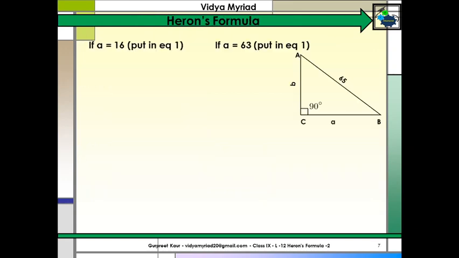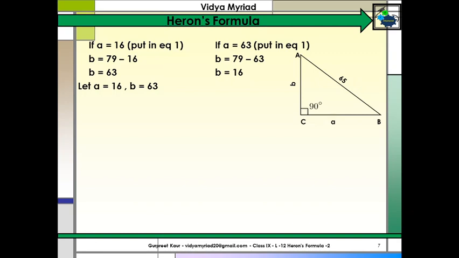Let us see how. If A is 16, the value of B is 63. If A is 63, the value of B is 16. So in both the cases you have the values 16 and 63. So I am choosing let A is equal to 16 and B is equal to 63.